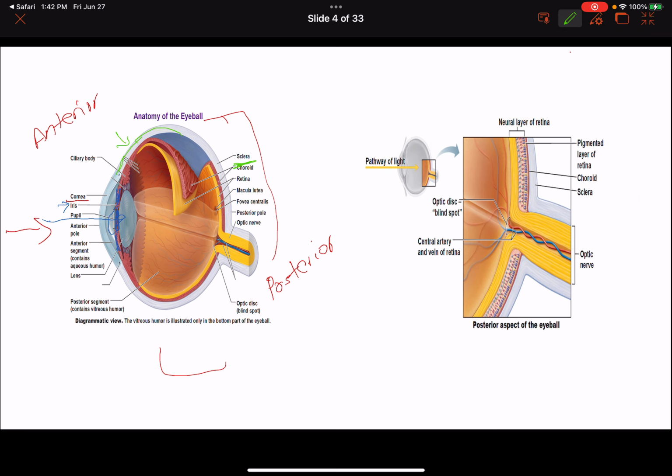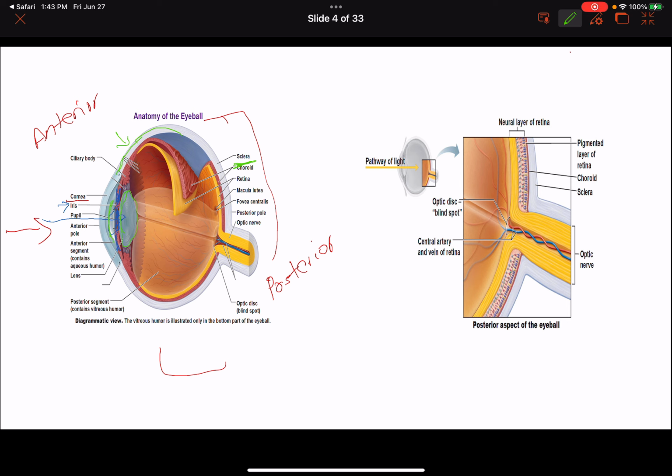Here this is the lens. When you dissect it, this lens is very hard, but it's real. It's living cells. This is the anterior portion, the anterior segment.